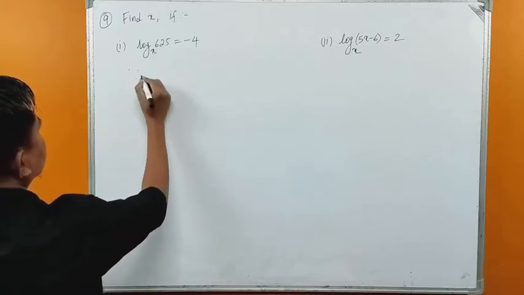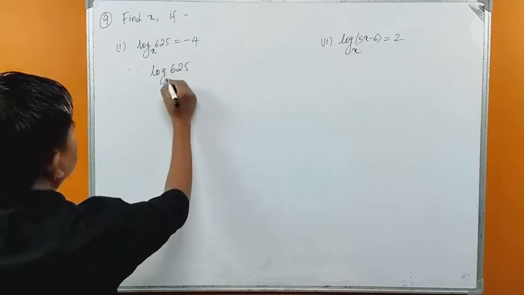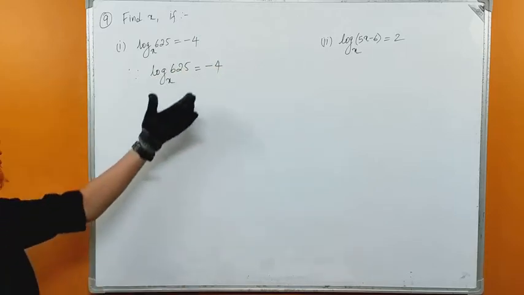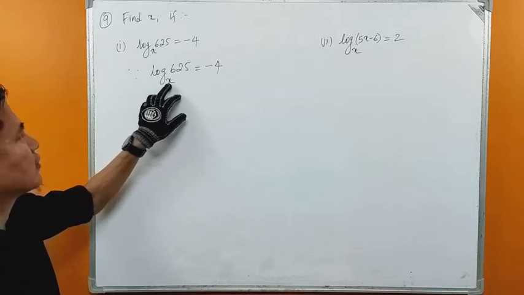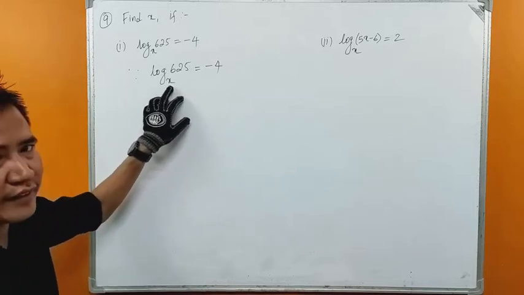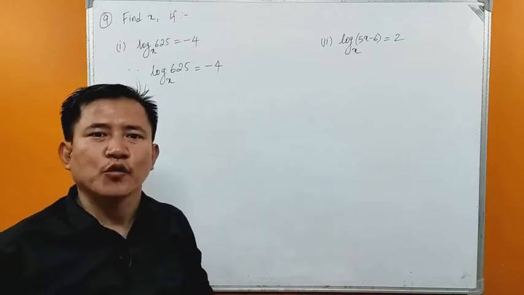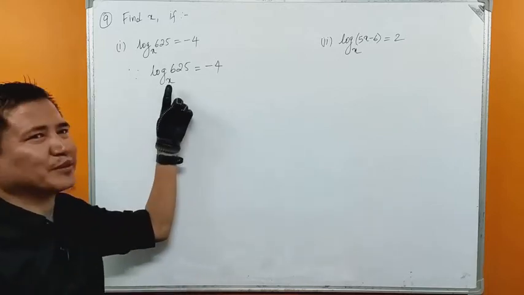Log 625 to the base x equals minus 4. So this is a logarithmic equation, isn't it? We should keep in mind the base of this log is x. The base is mentioned here and the base is not 10. If the base is not mentioned in any logarithm, we should understand the base is 10, but here the base is mentioned and it is x.